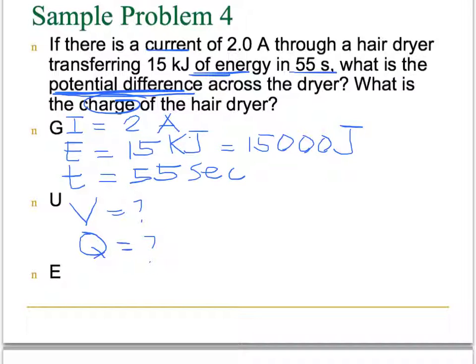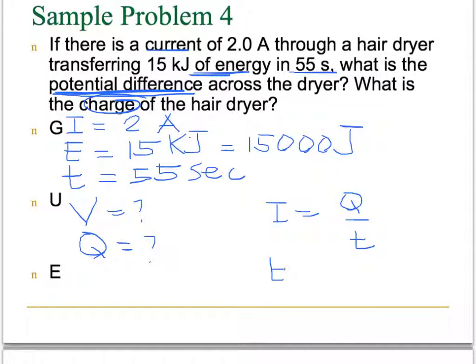For this given problem, if you will notice, based on the given, we have I and T, so therefore it's a lot easier for us to solve for Q first. So what are the equations? The equations that we can use is first, I is equal to Q divided by T, and for the voltage, we know that the voltage is given by this equation.